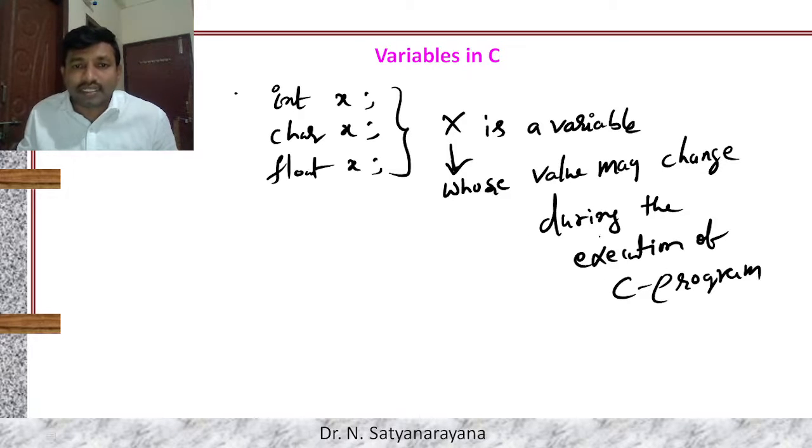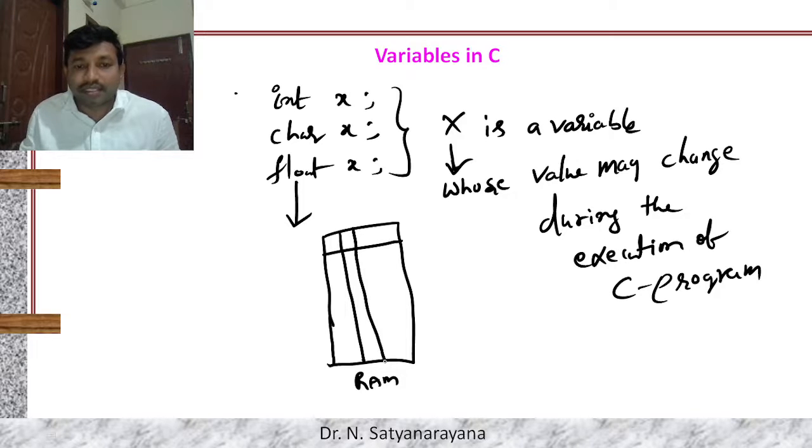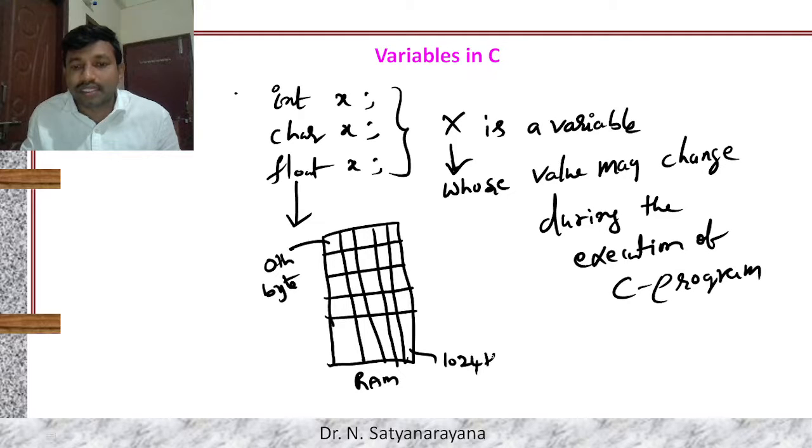Or else I can say, when you declare x as a variable, as I said earlier, since float is a keyword, the compiler knows its meaning, so it will allocate the memory. Imagine this is the RAM. RAM is divided into a number of bytes. Imagine this first one is the 0th byte, and let the last be the 1024th byte.